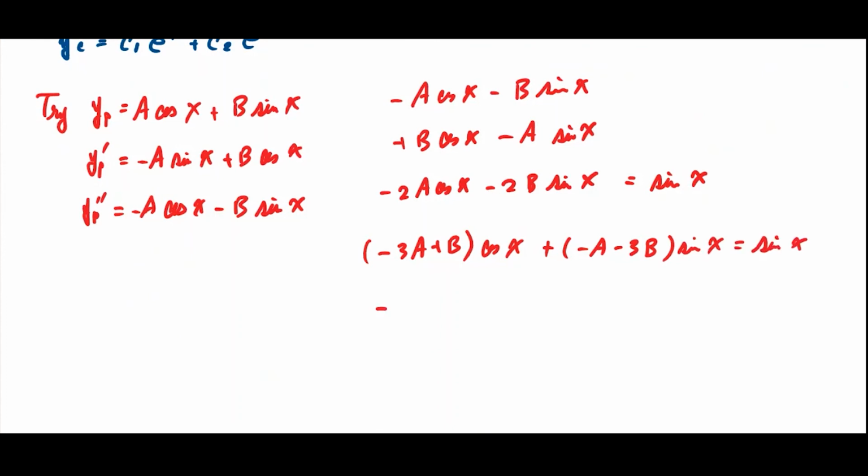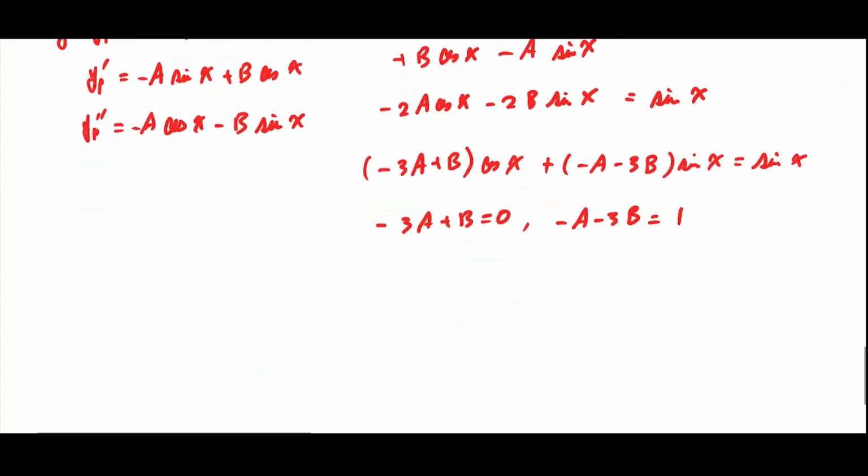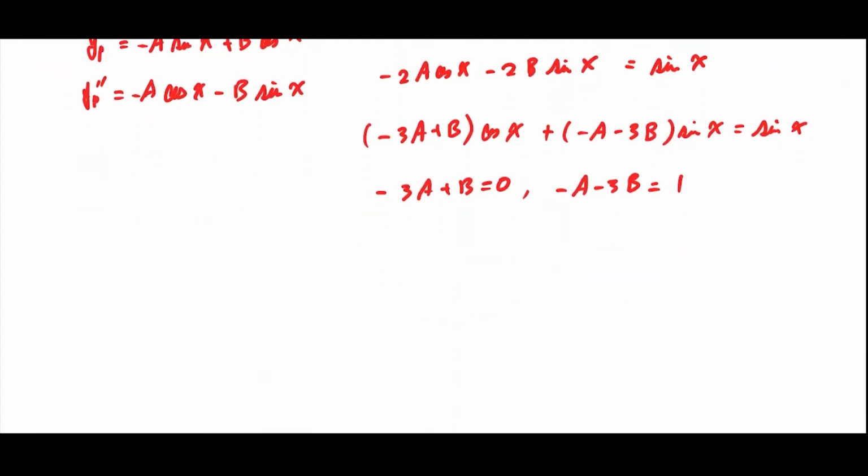So that tells you negative 3a plus b is equal to 0, and negative a minus 3b is equal to 1. And we still have a system of equations, 2 by 2. You know what I'm saying? Okay. Too much algebra, so let's just do it in our head. a is negative 1/10 and b is negative 3/10.